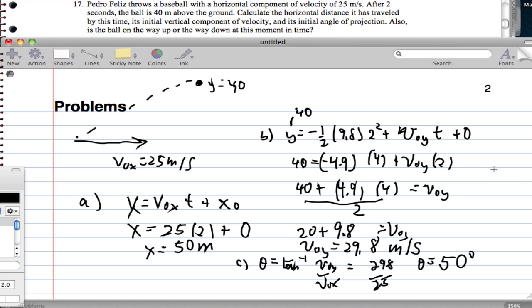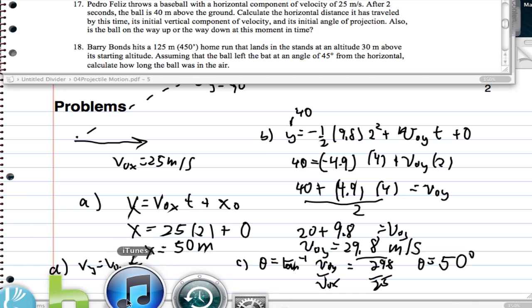Nice. Now we want to know if the ball's on its way up or on its way down. Well, if we've got an initial speed of 29.8 meters per second, let's see how long it takes us to stop.